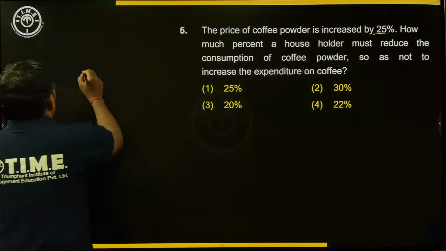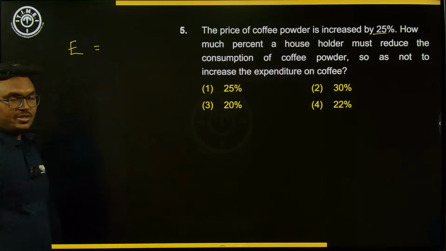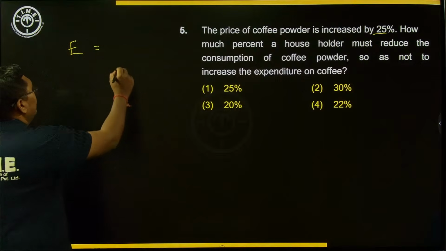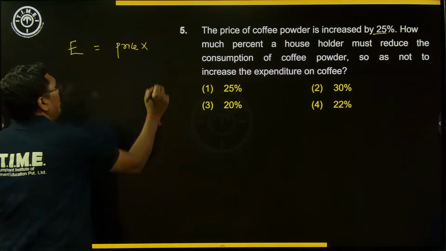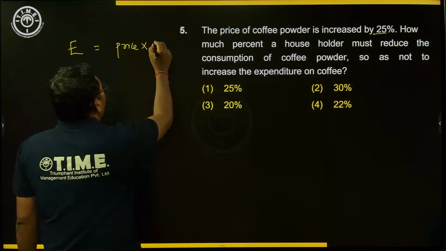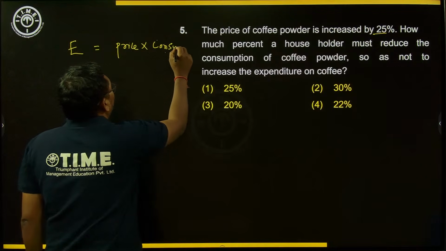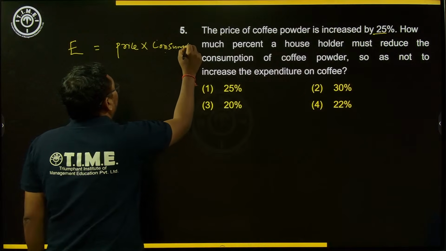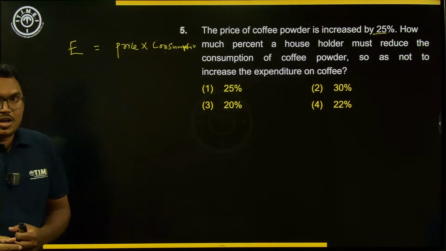So we know that expenditure is equal to price into consumption. So price into consumption. So price is increased by how much?